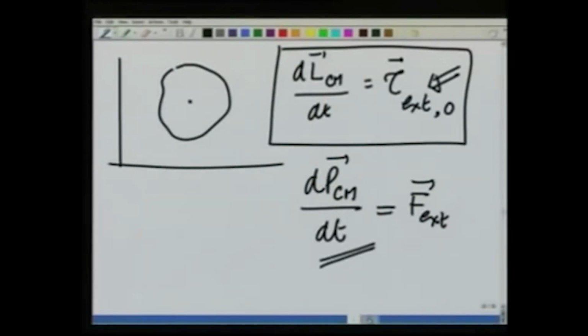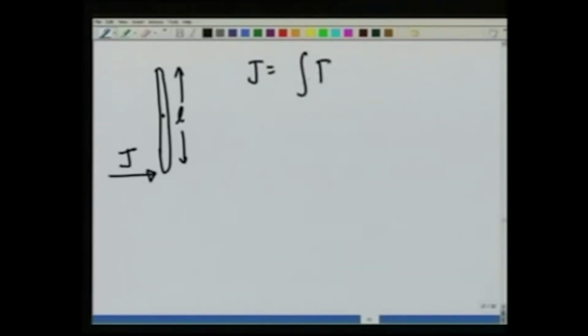As a first simple example of this, let us take a uniform rod of length L, and let us hit here with an impulse J. Impulse, as you would recall, is nothing but integral F dt, where F is applied for a very short time, let us say delta tau.